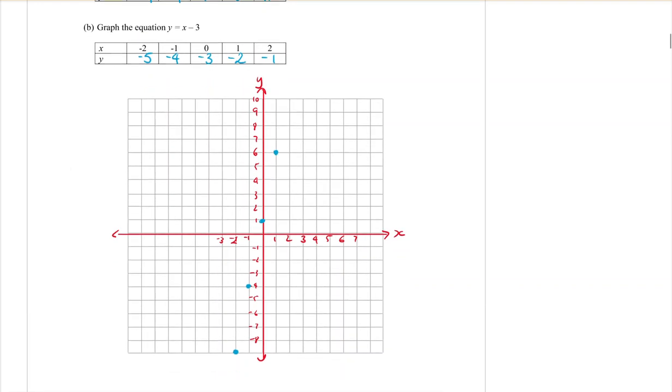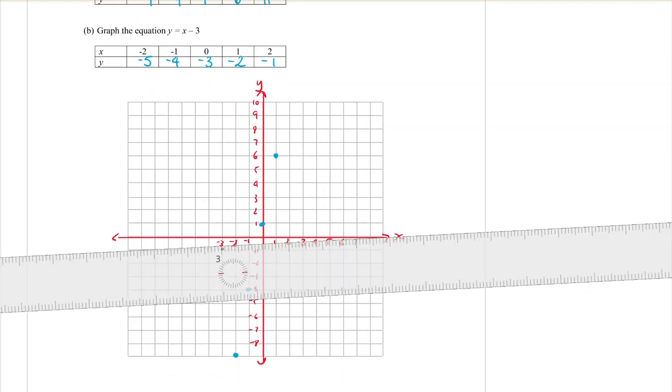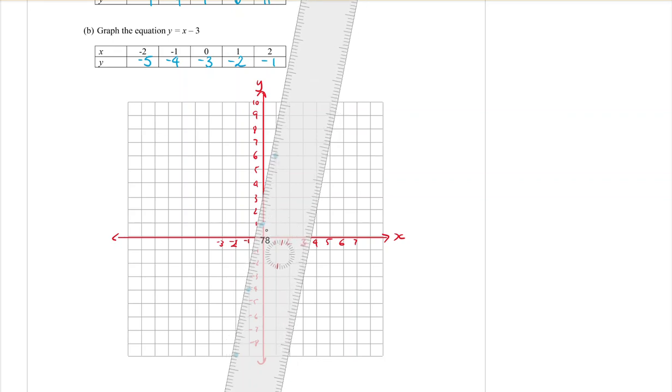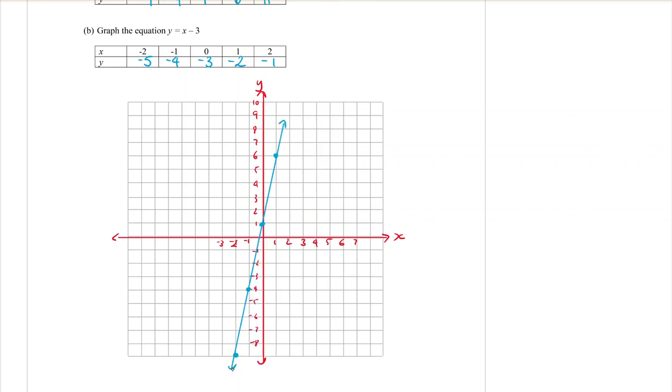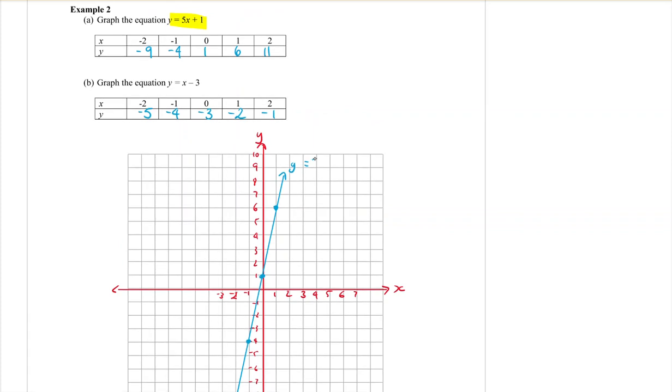That's because that's a very, very steep graph. There it is. Y equals 5x plus 1.